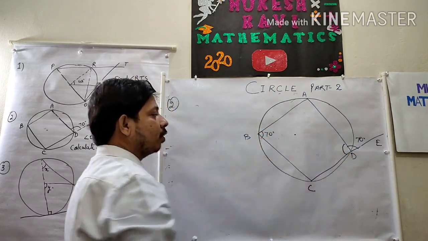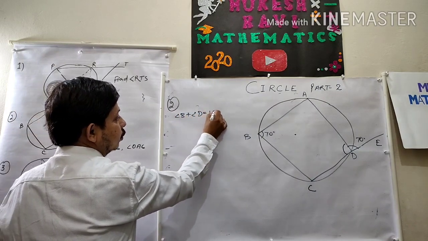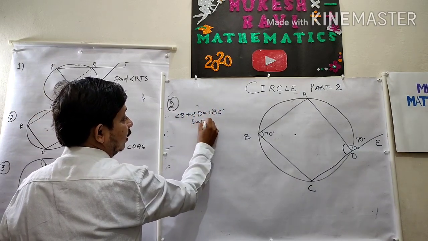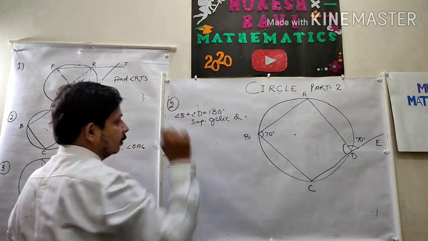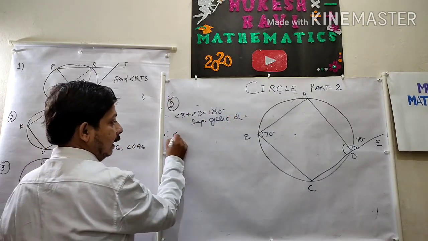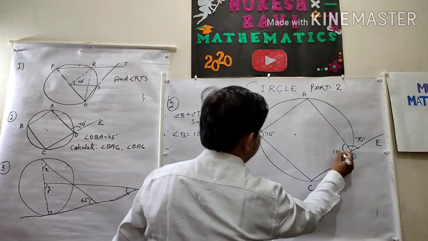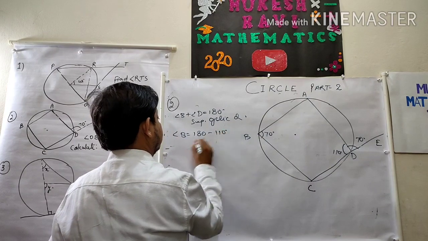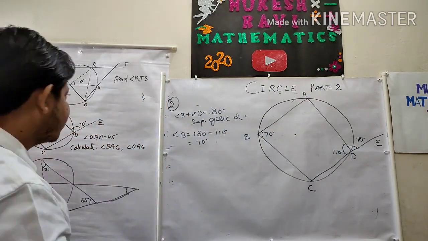So opposite angles are supplementary in a cyclic quadrilateral, angle B plus angle D is equal to 180 degree. So angle B equals 180 minus 110, 70 degree.